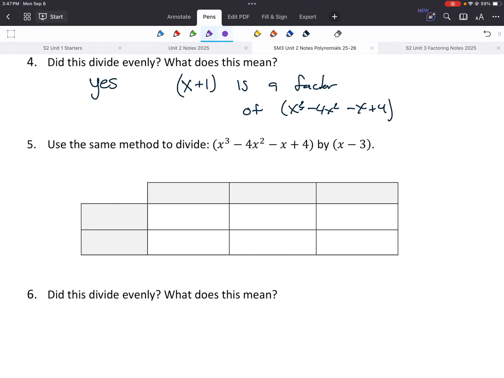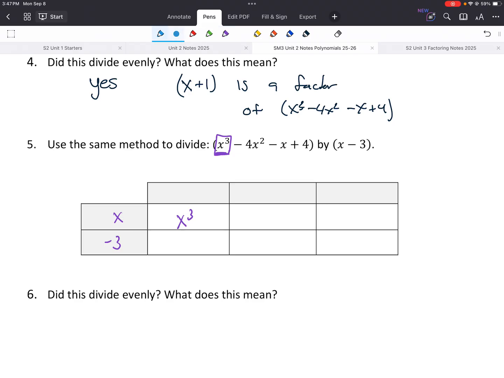So again, we're always going to put our divisor on the left, so x minus 3, and then start with your leading term, so x to the third. It's not always x to the third though, so please don't just always put an x to the third. All right, and then we'll just go through this process.